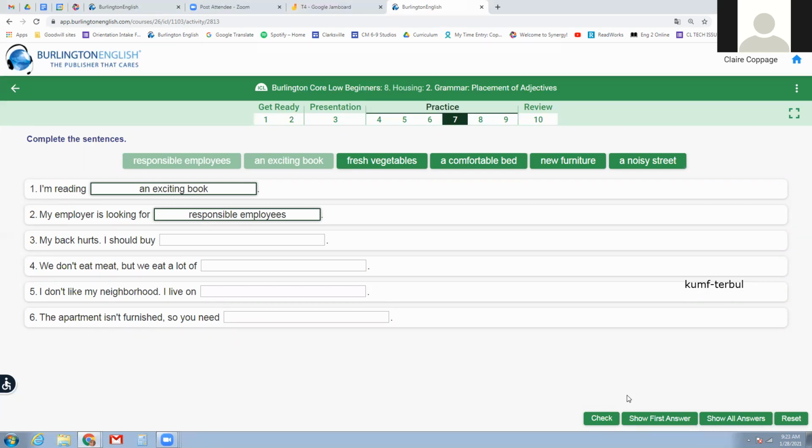And then we have other options to finish the rest of our sentences that first have the adjective and then have the noun. Okay. So our choices are fresh vegetables, a comfortable bed, new furniture, a noisy street. What do you think for number three?